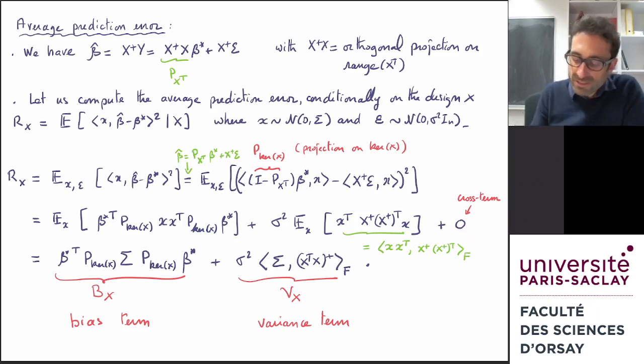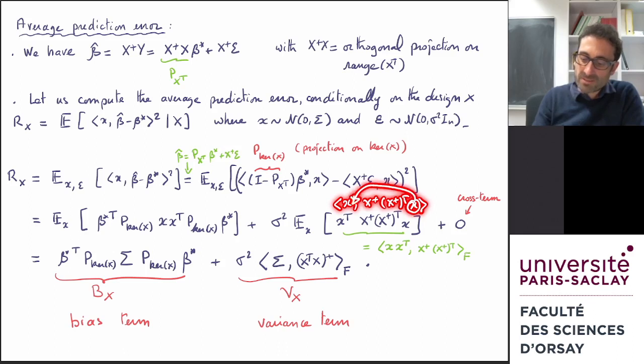So it can be convenient to rewrite this term as follows. Here, what I have is a scalar product of x with x plus transpose x. Okay, so I can rewrite it by taking my x here and moving it to the other side. So I will have x transpose x plus transpose.